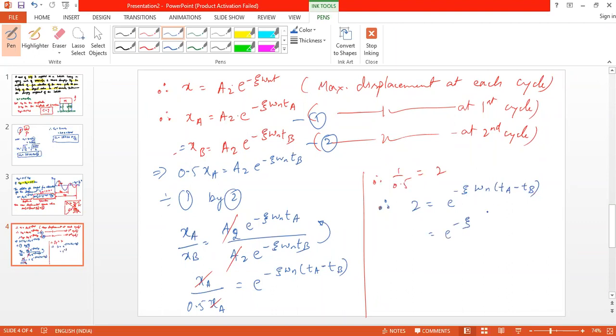What is the value of omega n? 38.34. So it is 38.34 into tA minus tB, which is 1.5, so 57.51. So 2 is equal to e power minus zeta into 57.51.